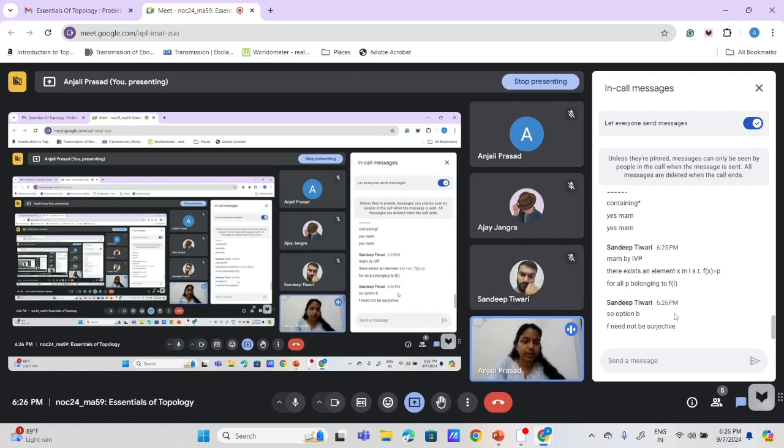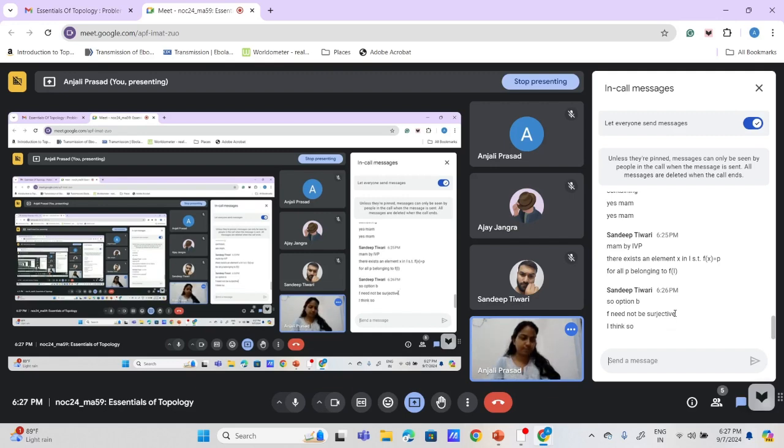You're saying that by IVP there exists an element x in I such that f of x is equal to p, for all p belonging to f of I. Is it correct? Just think again. I think you have seen such a statement.